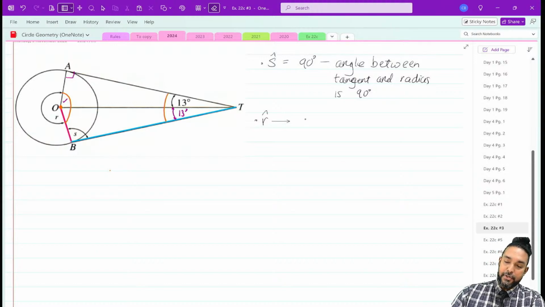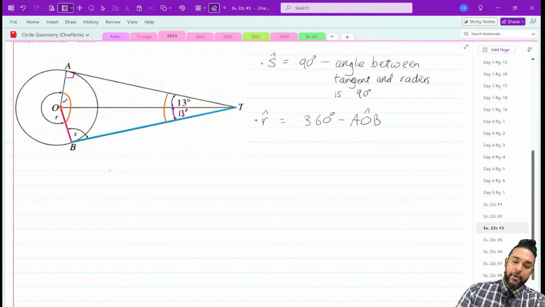So R is equal to 360 minus AOB. Angle A, sorry, not AOA. So AOB being from here to here to here, AOB being the orange angle at the center.